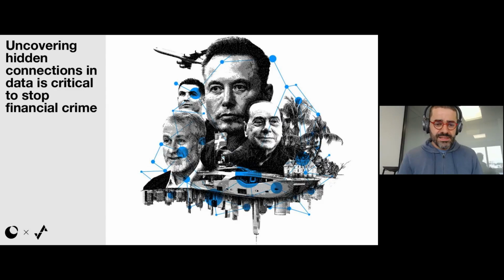In all of these cases, if you are only centered on the relevant individual at the center of the tax evasion scheme and don't really understand the web of companies and entities that gravitate around him, then you are simply not able to identify the tax evasion and put a stop to it. So that's why it's so important to uncover hidden connections in data to stop financial crime.